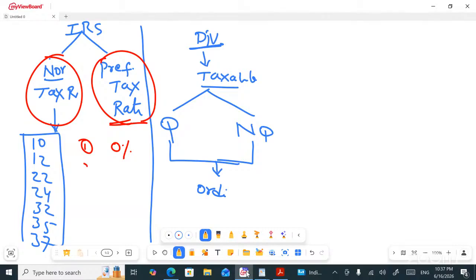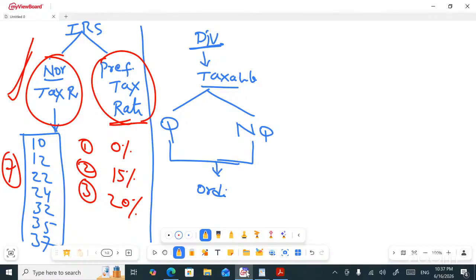After that limit, the tax rate is 15%. After another limit, the tax rate would be 20%. So finally, we have two types of tax rates. All incomes are subject to normal tax rates, the 7 rates. If certain criteria are satisfied, then that income is subject to preferential tax rates: 0, 15 and 20.